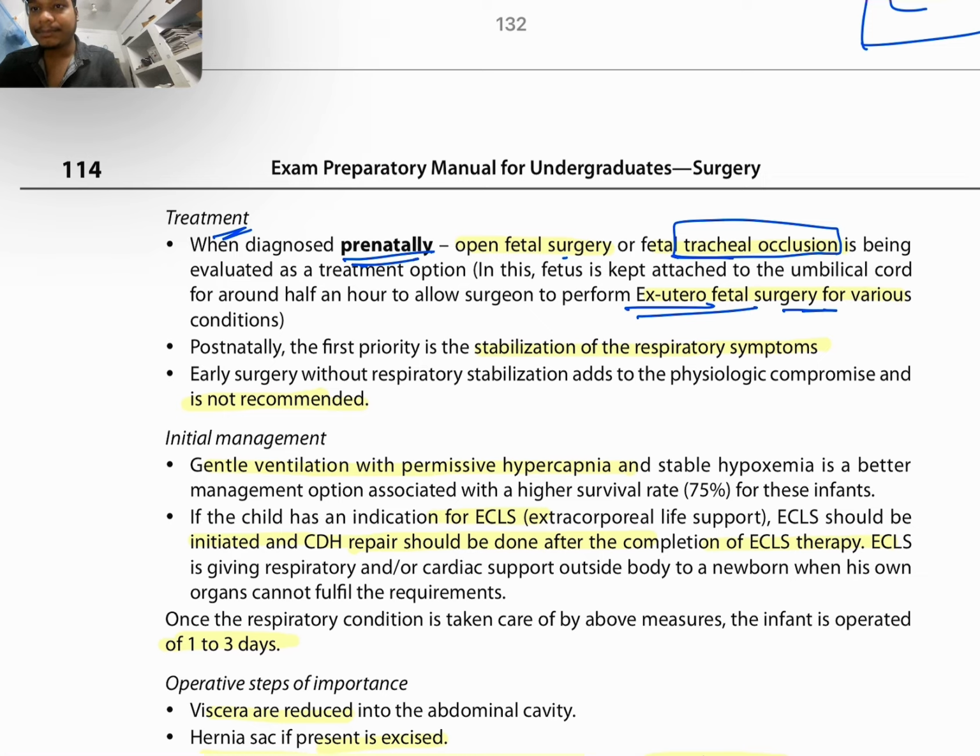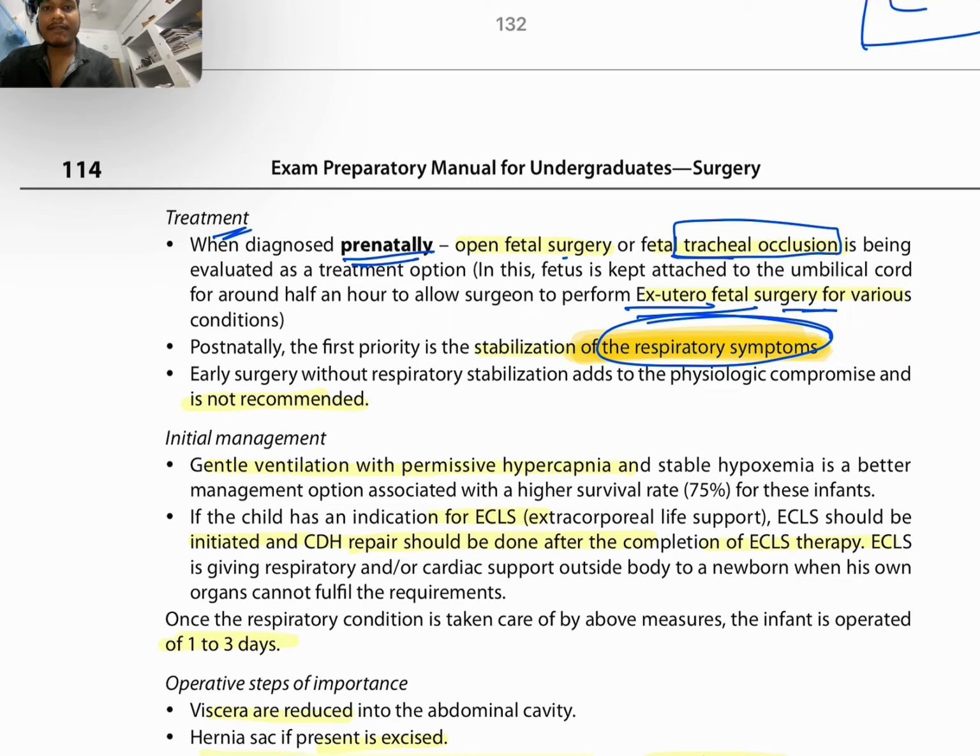Postnatally, the first priority is to stabilize the respiratory status. Early surgery without respiratory stabilization adds to the physiologic compromise, and it's not recommended. So as you know, after the birth of the baby, the most important thing to manage is their respiratory function.